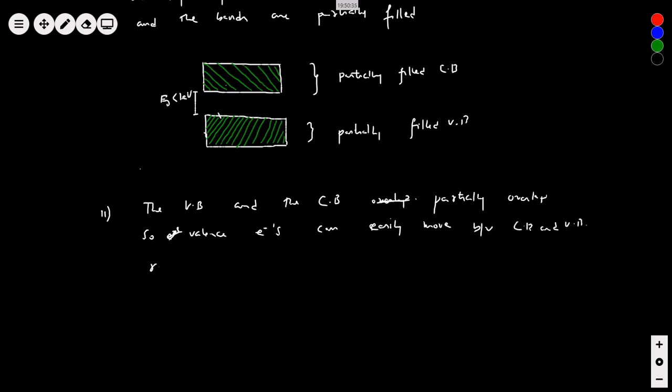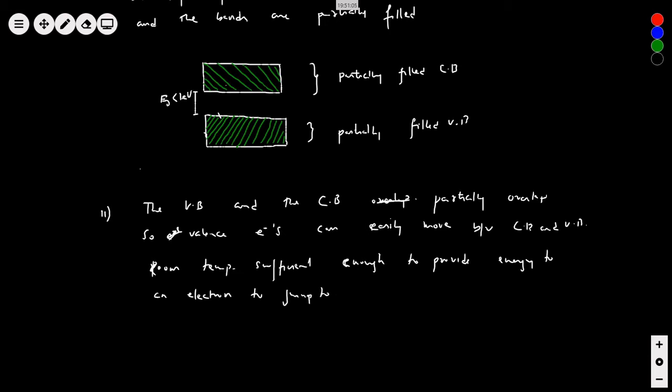Room temperature is sufficient to provide energy to an electron to jump to the conduction band. This is the second structure.